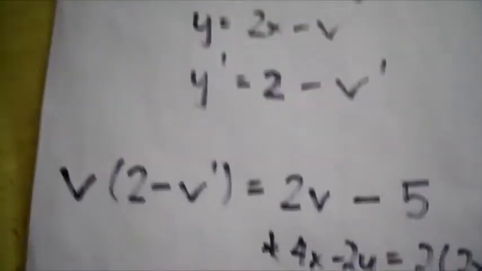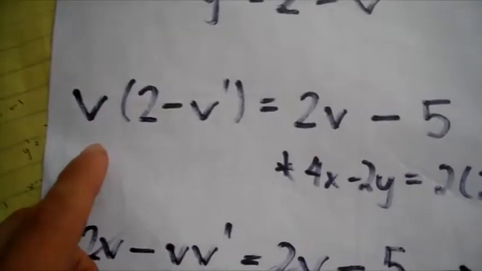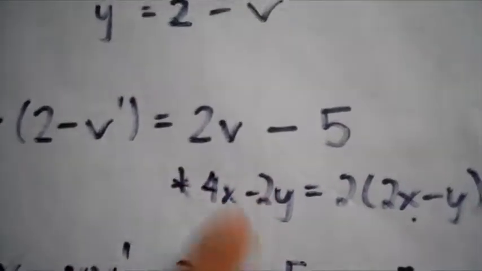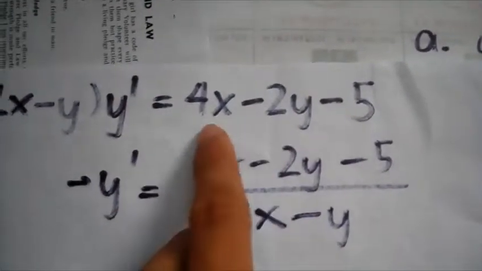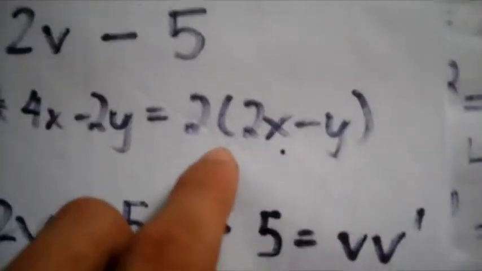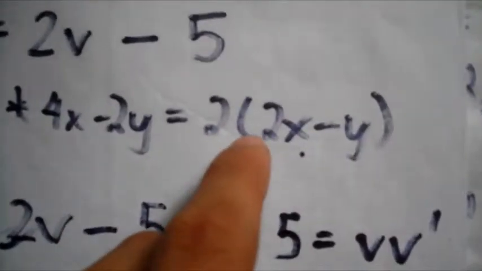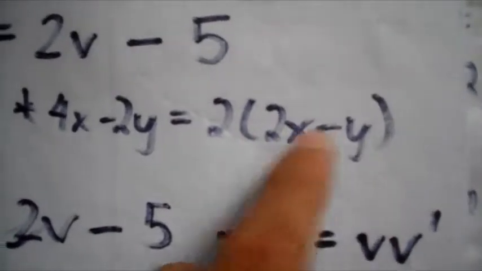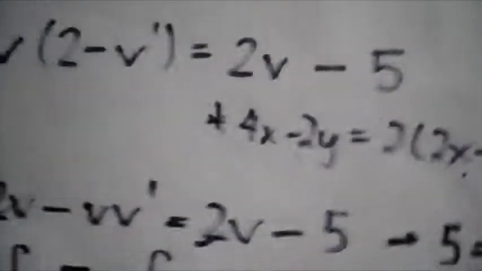Substituting it into the original equation, we have v, which is equal to 2 minus v prime, is equal to 2v minus 5. Now why is it 2v here? We can see it here that 4x minus 2y, if you factor out 2, we get 2 multiplied by 2x minus y, and v is equal to 2x minus y, so we get 2v.